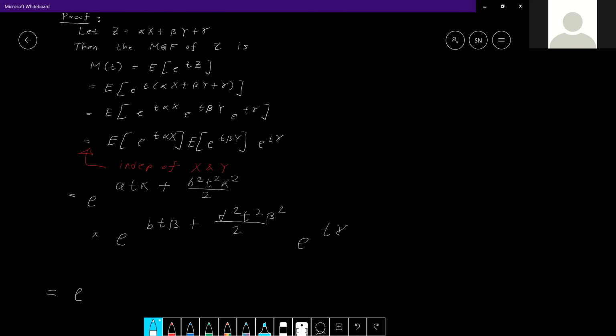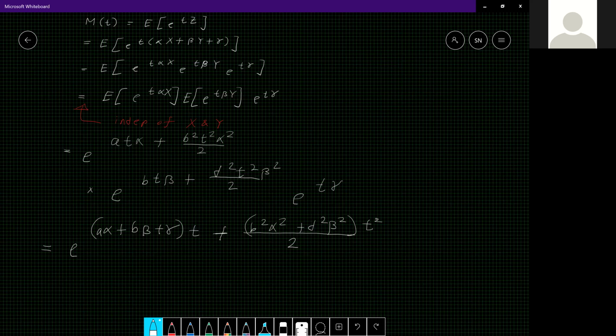So you can write this as A alpha plus B beta plus gamma times t, plus b squared alpha squared plus d squared beta squared times t squared divided by 2.